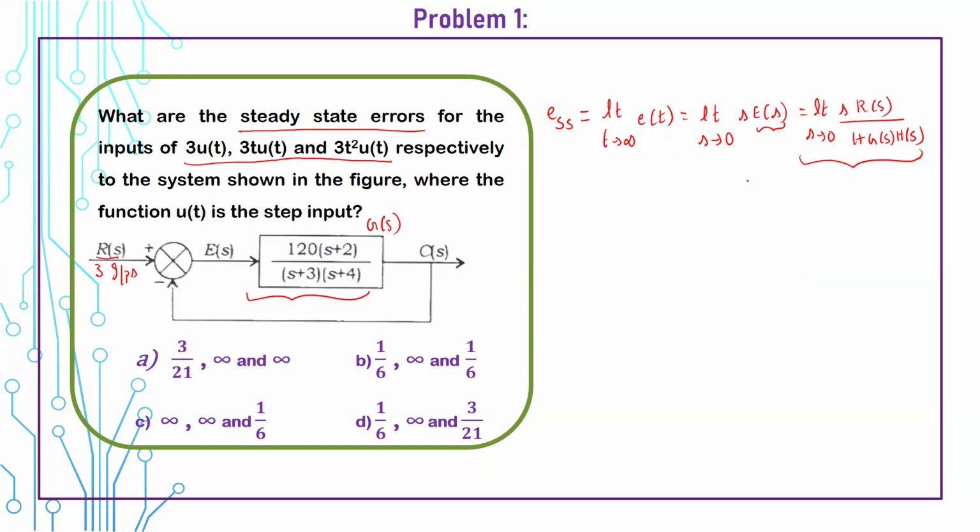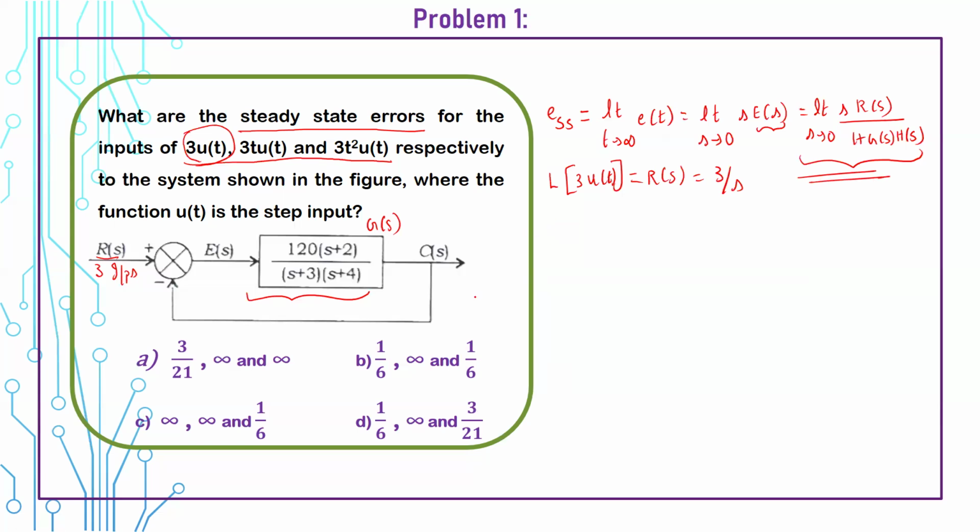For any input, we can use this formulation. Now, I am taking first 3u(t). The Laplace transform of 3u(t) is R(s), which is 3 by s. So I am taking the input as 3 by s and let me find the steady state error value for this input by using this formulation.